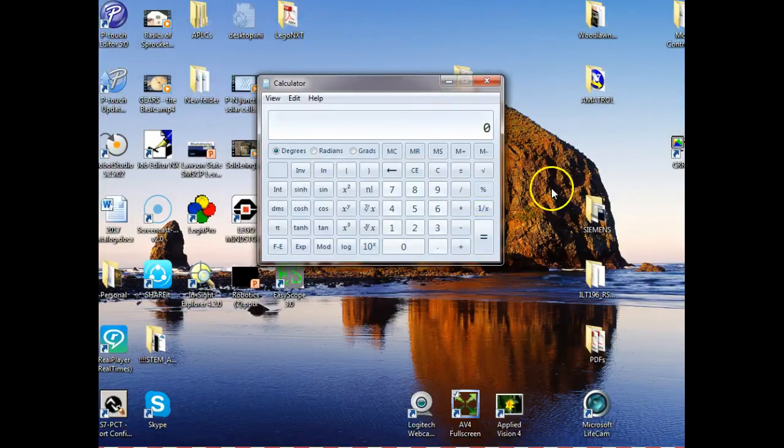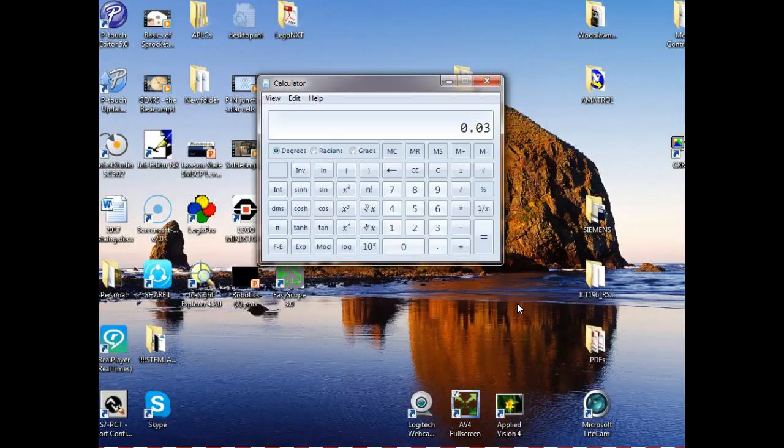So I take 3.75 times 10 to the minus third, and then I multiply that by 8. And that gives me 30 milliseconds per revolution. What do I need to do now?